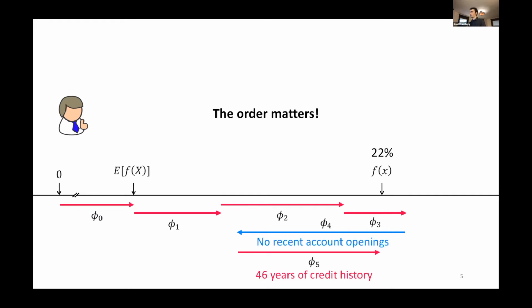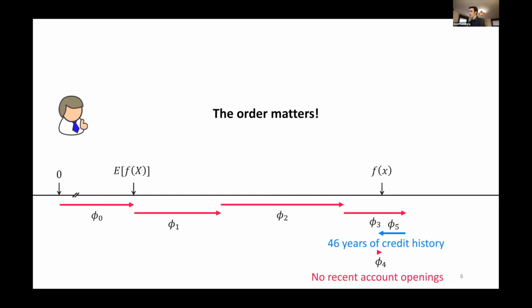So to see how that happens in a real example here, let's take a look at no recent account openings and 46 years of credit history. Okay, turns out that there's a strong interaction effect between these features. So we can swap the order that we introduced them, and we can first fill out his credit history length and then fill out the fact that he didn't have any account openings. And when we do that, we realize that what's really happening is these things are kind of canceling each other out.